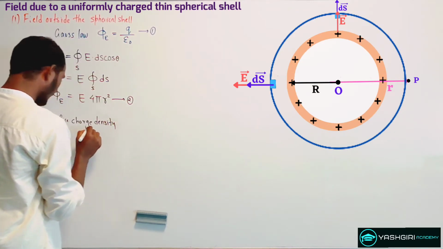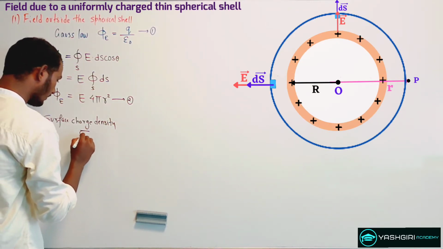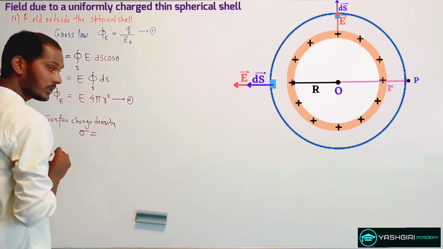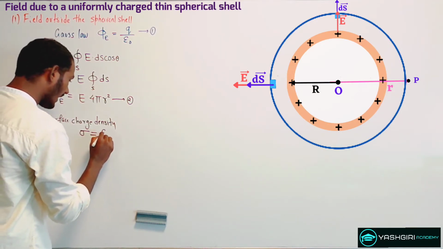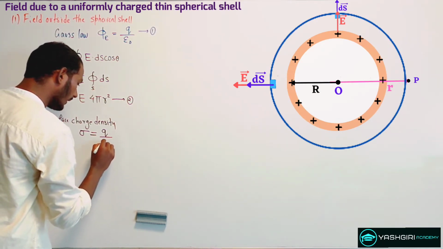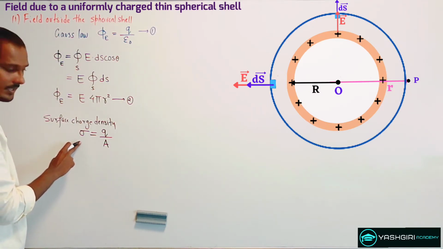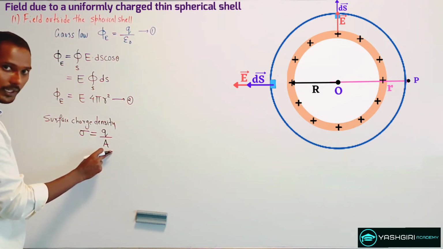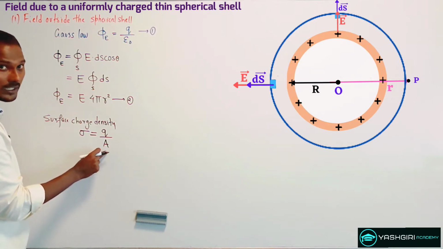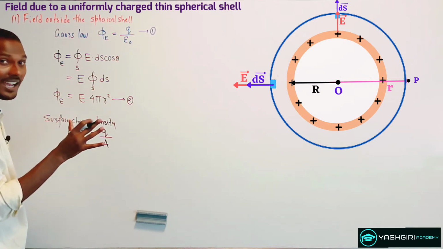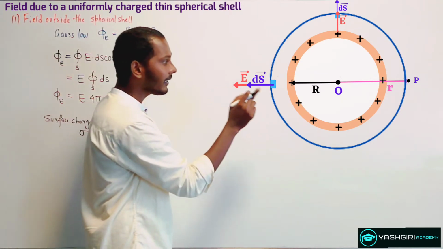Sigma is equal to charge Q per unit area. This is how we measure the surface charge density, charge per unit area. And this area I am talking about is the area of the thin spherical shell.